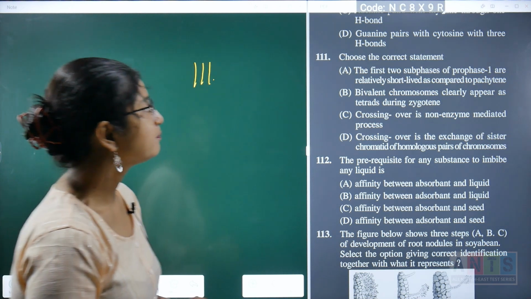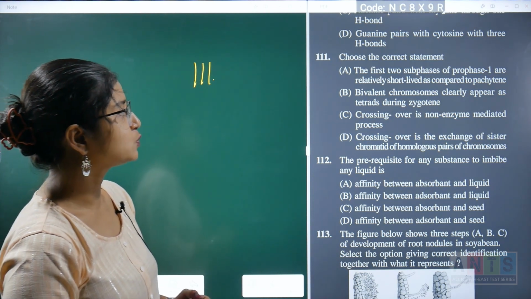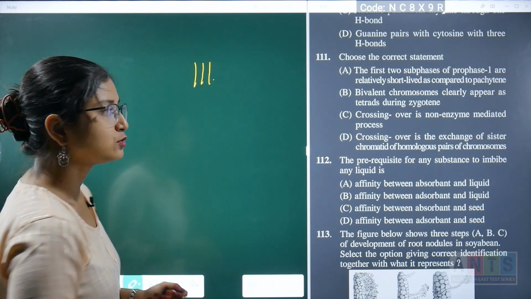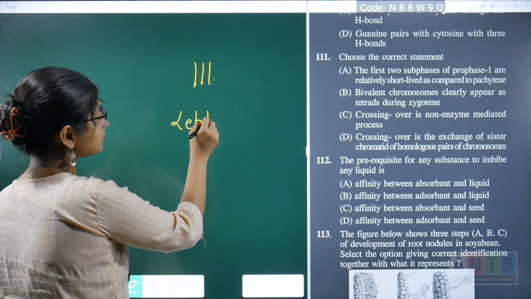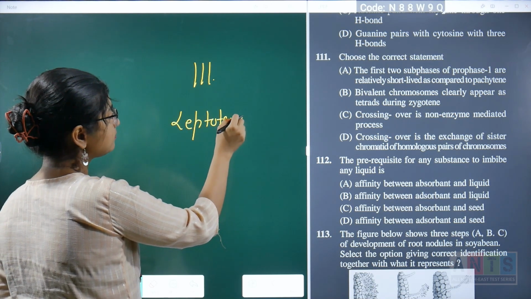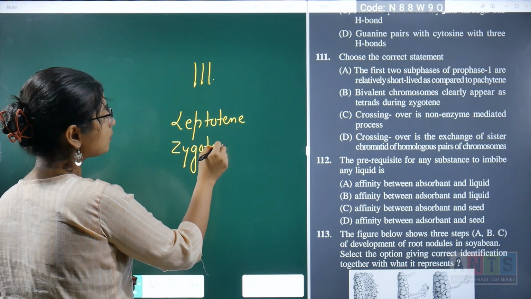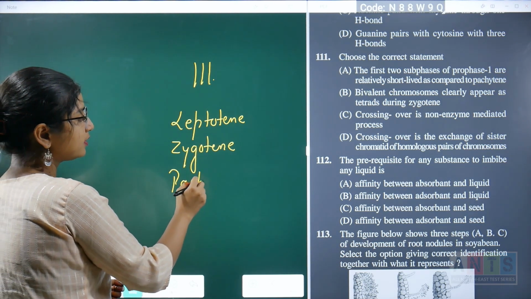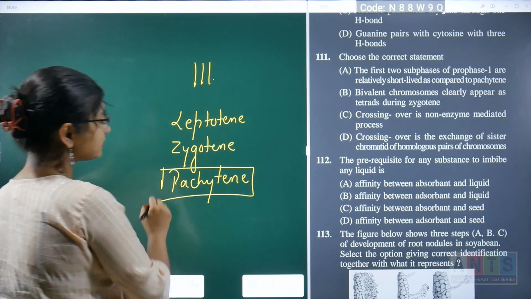Question number 111, choose the correct statement. The first 2 subphases of prophase 1 are relatively short-lived as compared to pachytene. What we remember is that in prophase 1, the very first subphase is leptotene, which is followed by zygotene, and according to our question, we are comparing these two with pachytene. The pachytene phase is the most important point of prophase 1.